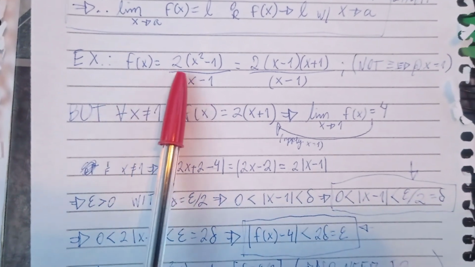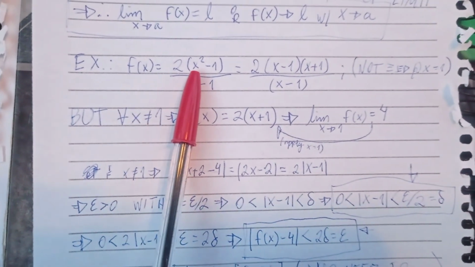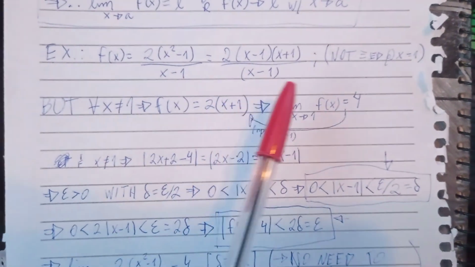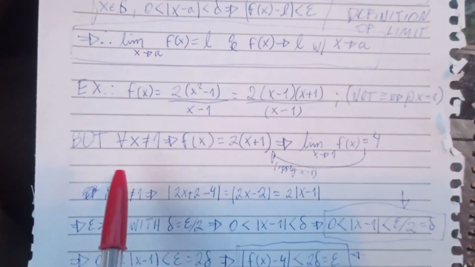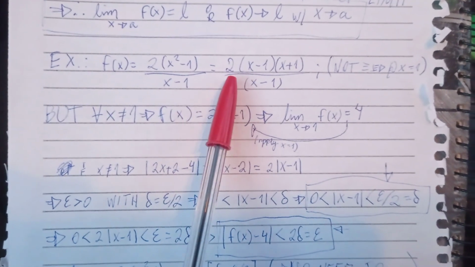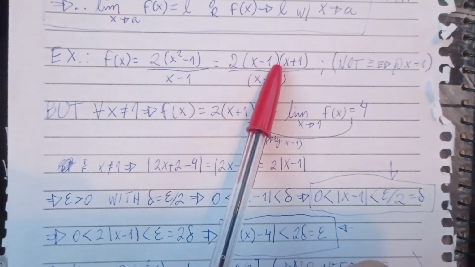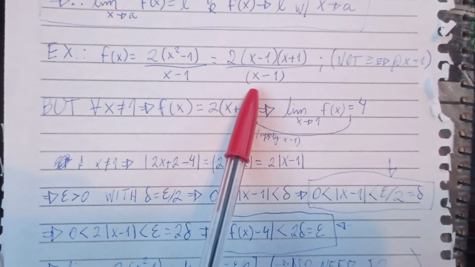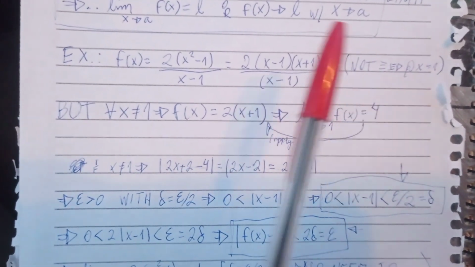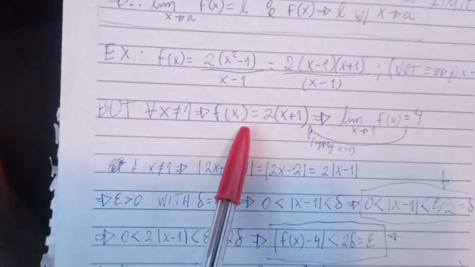Let's say f of x is 2 times x squared minus 1 divided by x minus 1 for x different than 1. And we can express this the following way: 2 times x minus 1 times x plus 1 divided by x minus 1. This function is not defined at x equals 1.